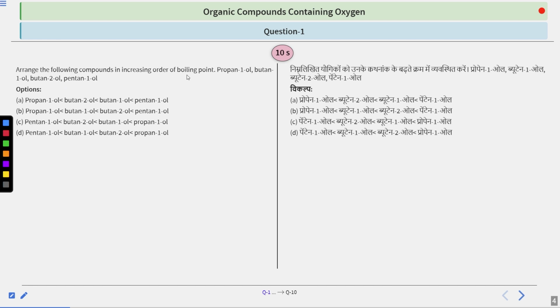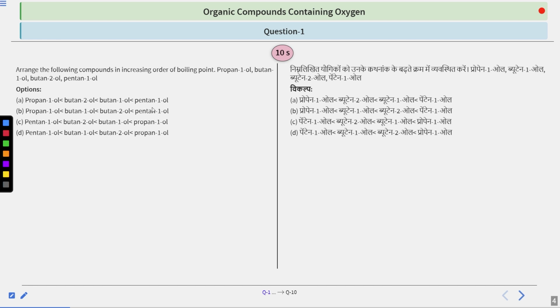We have to arrange these 4 compounds according to their increasing order of boiling point. Options are: pentane 1-ol having the highest boiling point, then butane 1-ol, then butane 2-ol, and the lowest will be propane 1-ol.